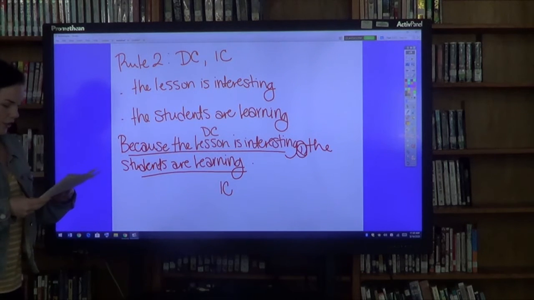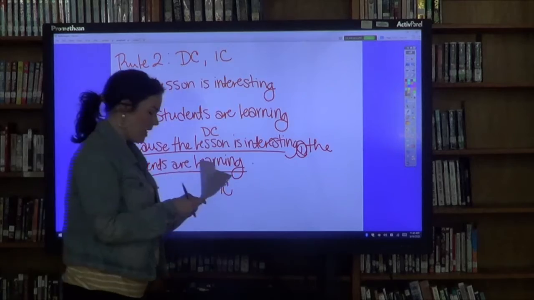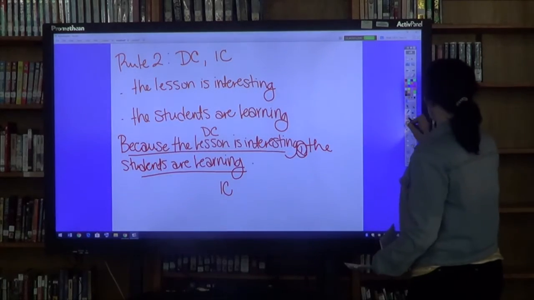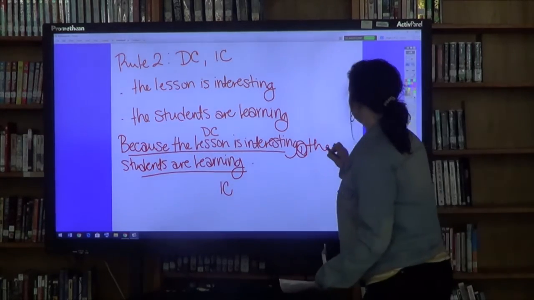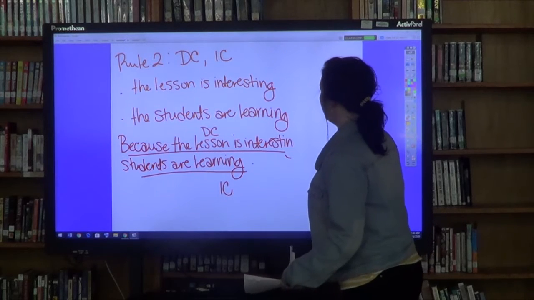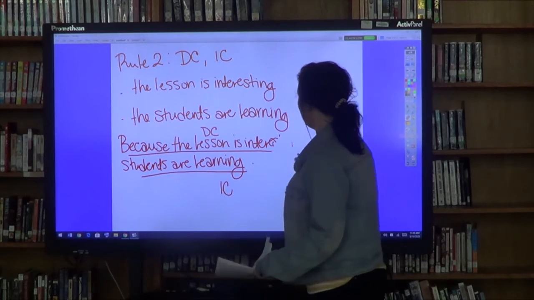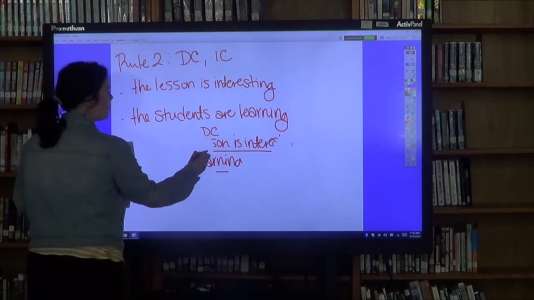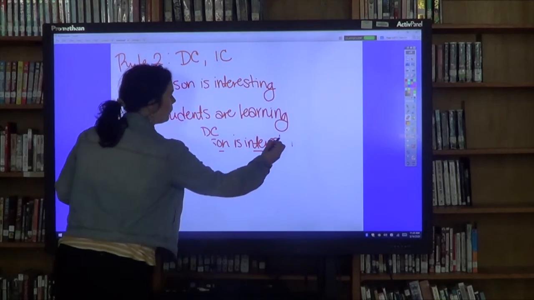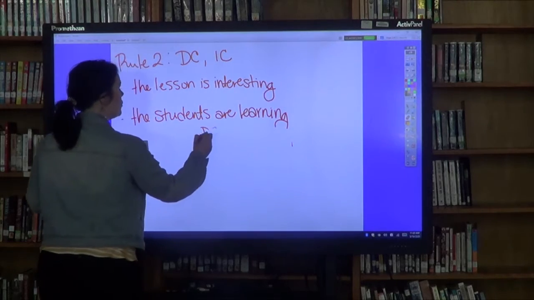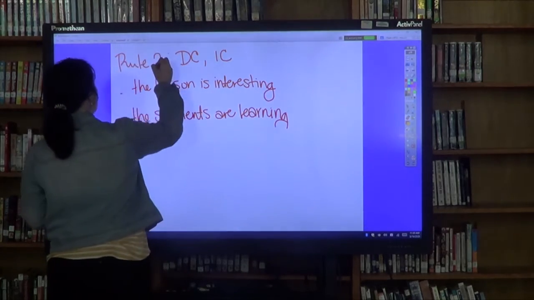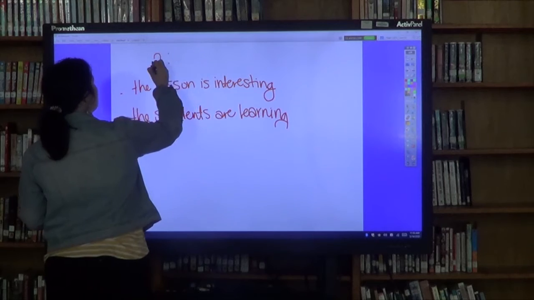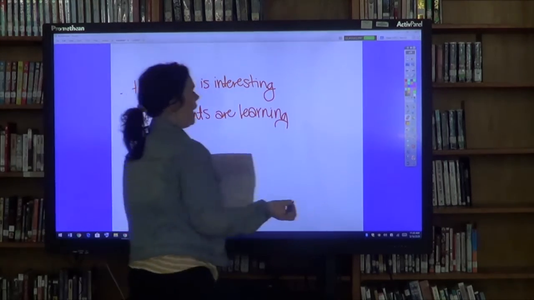All right, now what I want you to do is, I'm going to erase some of this real quick. And instead of following Rule 2, I want you to try to do Rules 3 through 5 with the same 2 independent clauses. So instead of Rule 2, we're going to do Rules 3 through 5, okay?